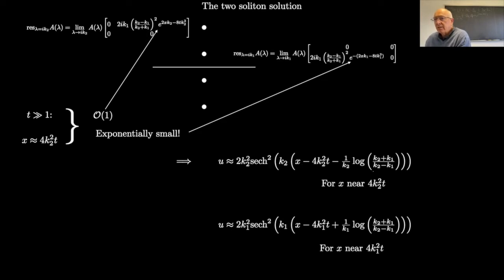It's a single soliton, but check it out. The center of the soliton has now been shifted by this amount, which is independent of t. And if I focus near 4 times k1 squared t, then I get the soliton corresponding to iK1, except that its center has also been shifted.